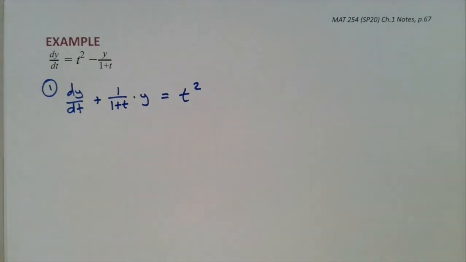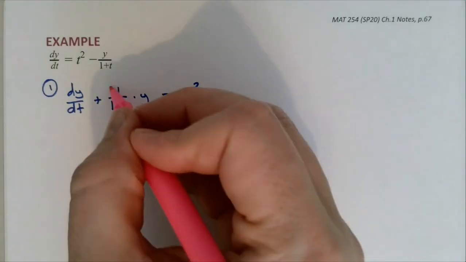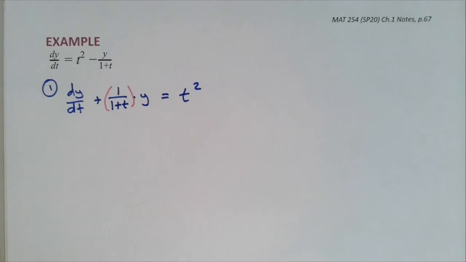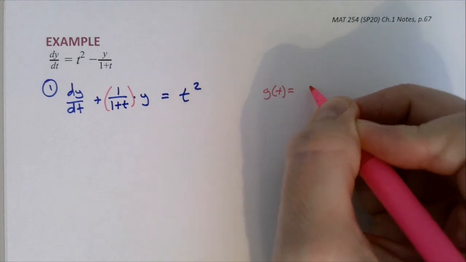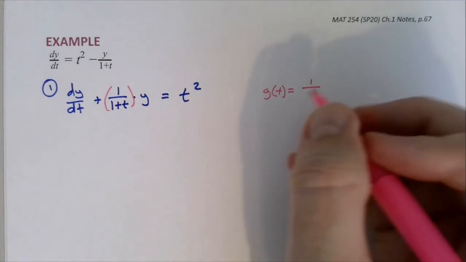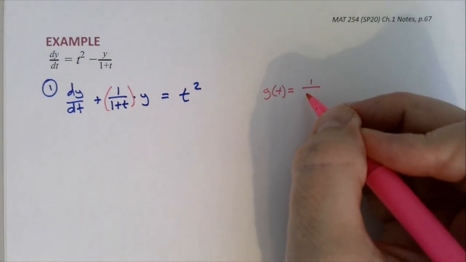So without much trouble, because I separated it, I've got exactly what my g of t is equal to. That is 1 over 1 plus t, or I'll call it t plus 1. It doesn't really matter.